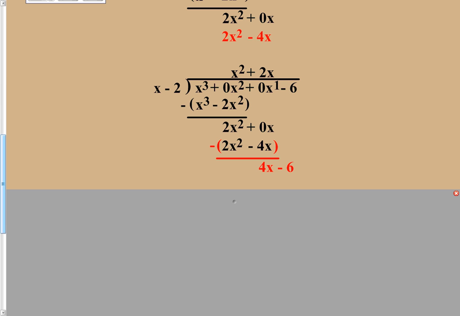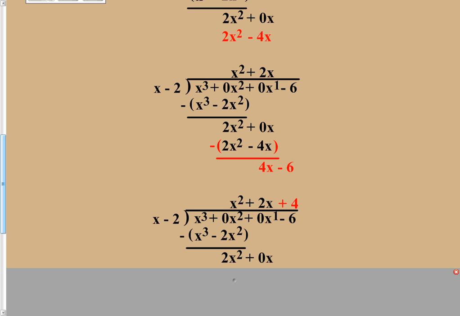Now, once again, we look back up top and say, okay, what needs to go above the negative 6? What are we going to multiply times x to match that 4x? Well, we've already got the x in the divisor. We need a 4. So we're going to multiply times a 4.